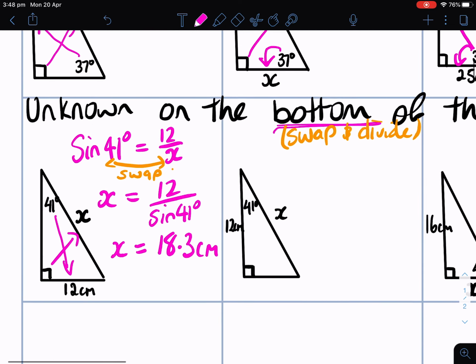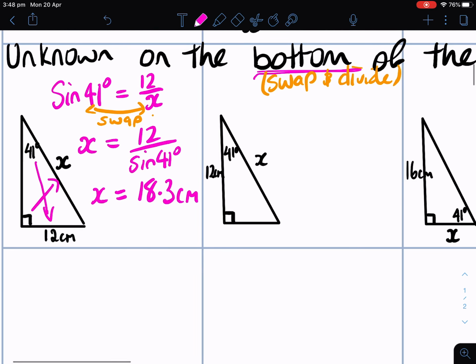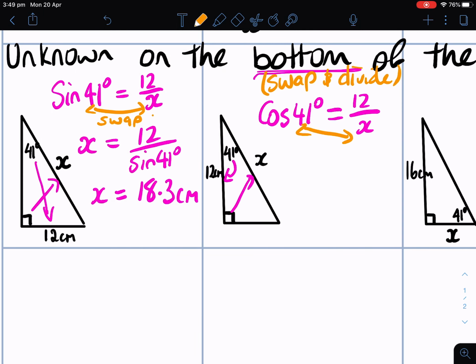Okay, let's do the exact same thing for the next one. This time though, we have our adjacent and our hypotenuse. So we know we're using cosine this time. So we're going to go cos of 41 degrees equals our adjacent over our hypotenuse. Again, this time, remembering we're going to swap and then divide.